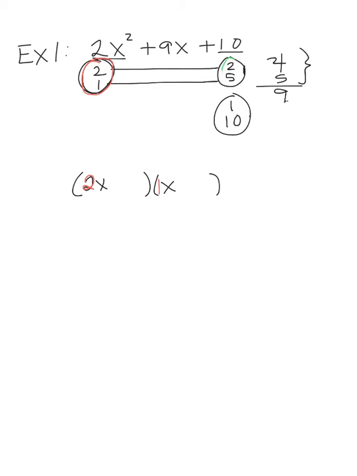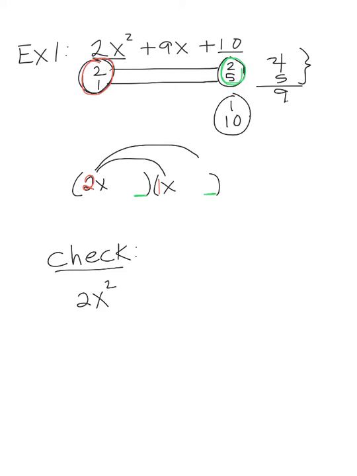Now, these are going to be in the back of the parentheses, and I just need to figure out who goes where. So this 2 needs to multiply by a 2. Well, when I FOIL, I would get 2x times x, that's 2x squared. The only other number that the 2x distributes to is in the back of the parentheses.